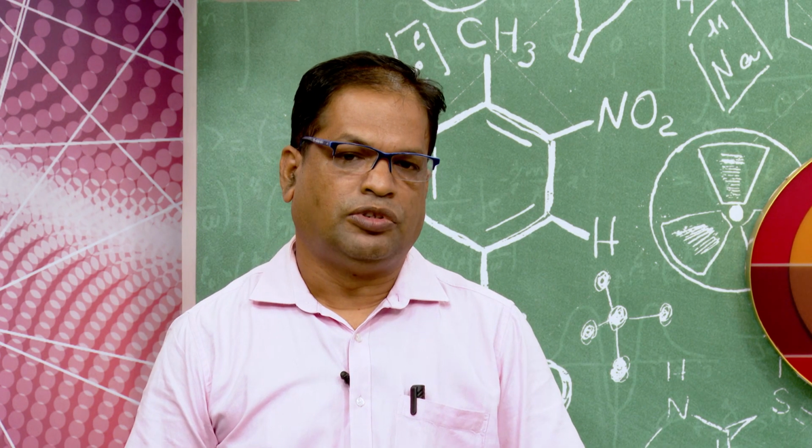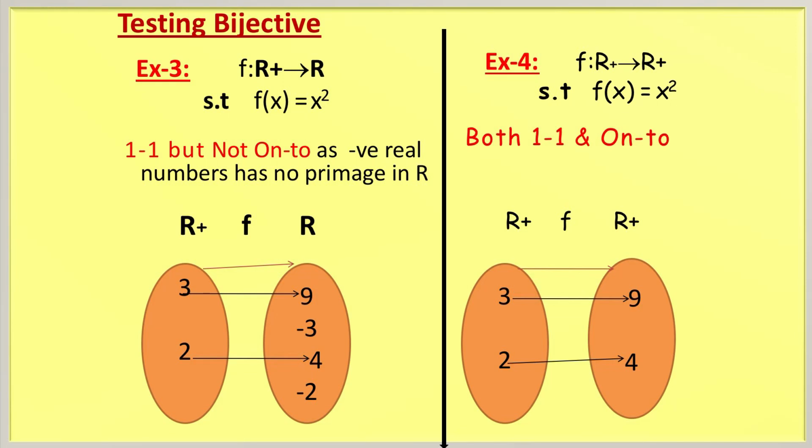Now, you see example 3. What is the difference between example 3 and examples 1 and 2? In example 1 the domain was R, the function was from R to R. In example 2 it is R to R plus, and in example 3 it is R plus to R, the set of positive real numbers to real numbers.